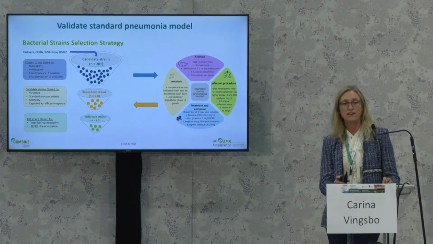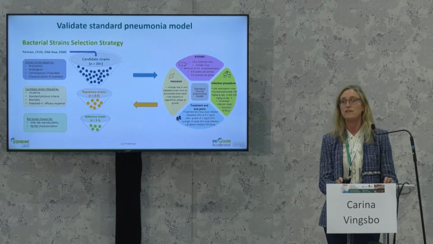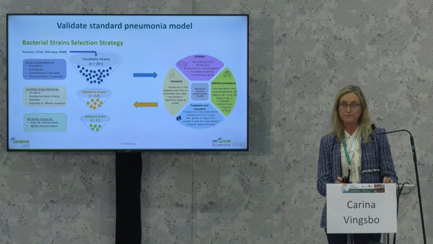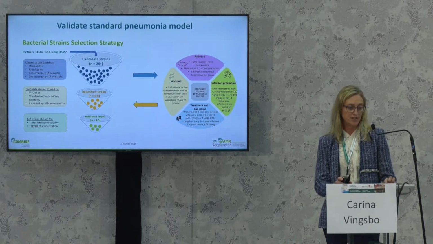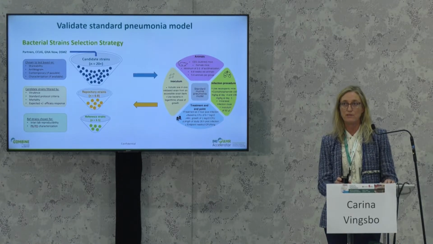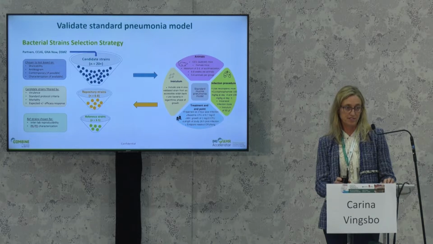So now we are validating this standard protocol, and for this we are collecting strains for our repository. And we're receiving strains from partners, GNA Now and DSMZ, for example. So currently we have approximately 20 isolates of each of the 3 species.